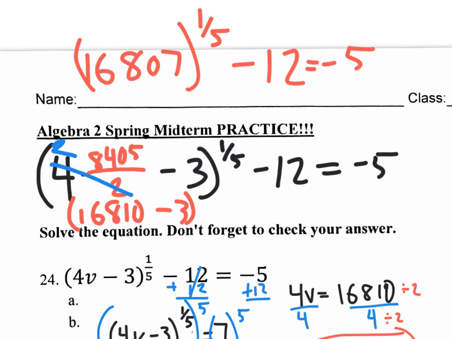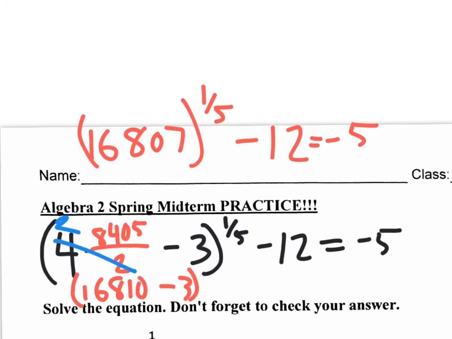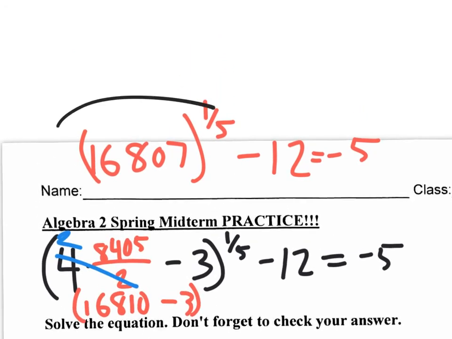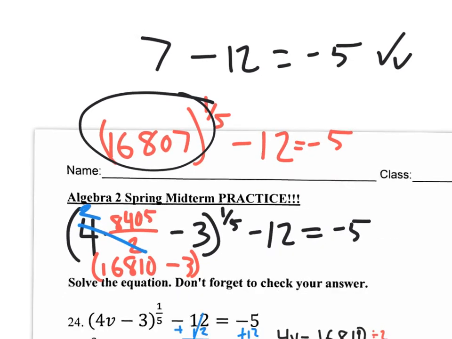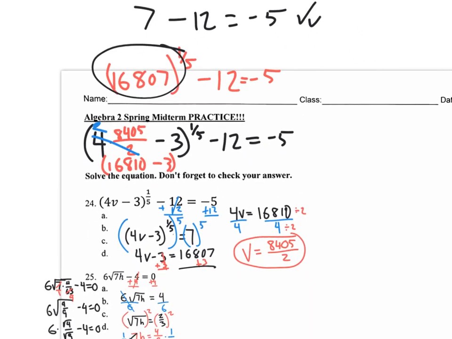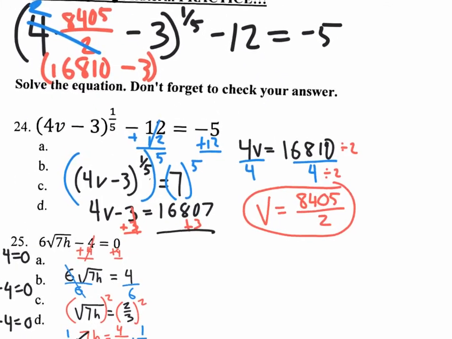So on the calculator, the 5th root of 16,807 is 7. 7 to the 5th power is 16,807. So this really does equal 7, and 7 minus 12 really is negative 5. So you've double checked it. You know that you have the right answer, even though it's a disgusting fraction, 8,405 over 2.